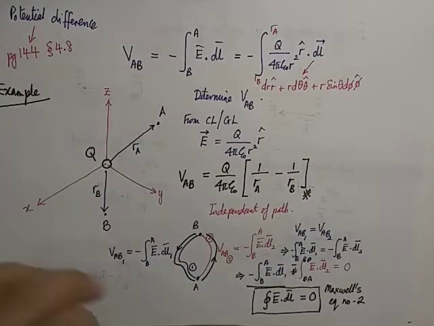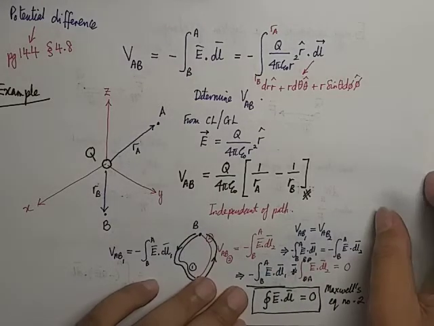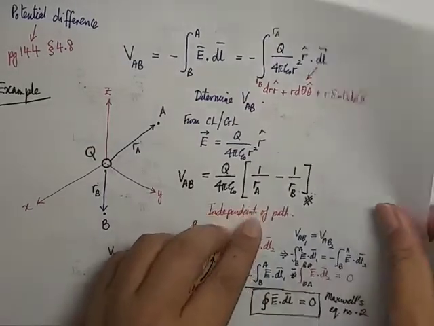Okay, the second observation that we're going to ask about now is the reference point. So we have VAB, so let's rewrite it on a new page so it's not overcrowded.